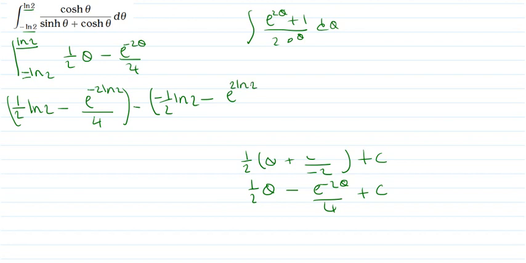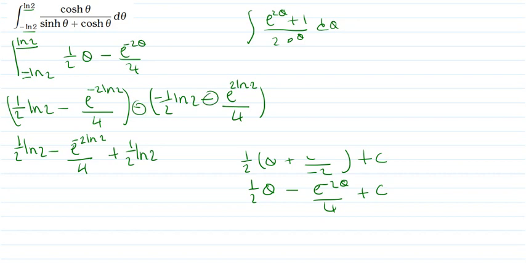So simplifying this, we're going to have 1 over 2 natural log of 2 minus e^(-2 ln 2) over 4. Then for this one, a negative and a negative will be positive, so we're going to have plus 1 over 2 natural log of 2. Then this negative and this negative again is going to be positive.